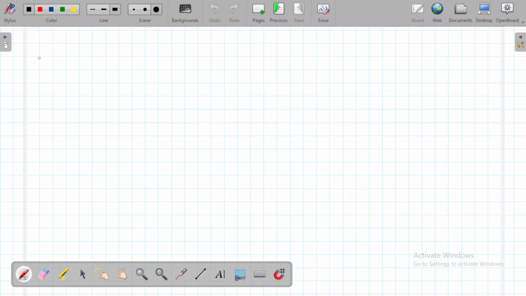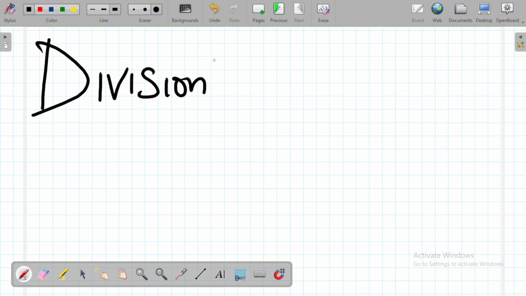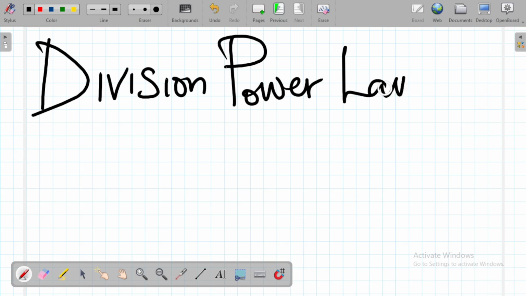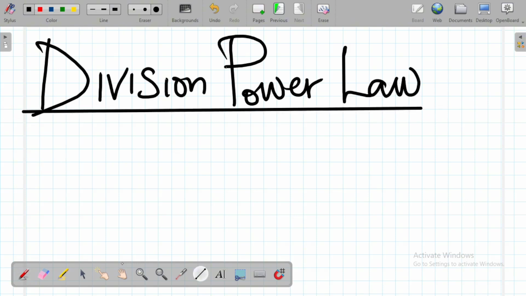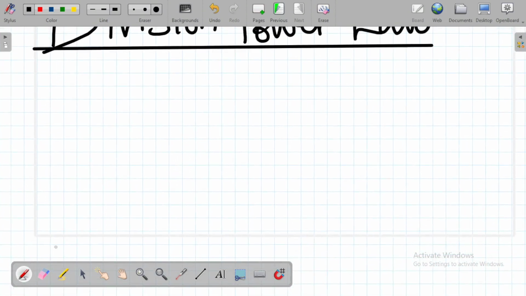Alright, let's consider the next law, which is the division power law. The division power law states that when raising a quotient to a power, simply raise both the numerator and the denominator to that power.